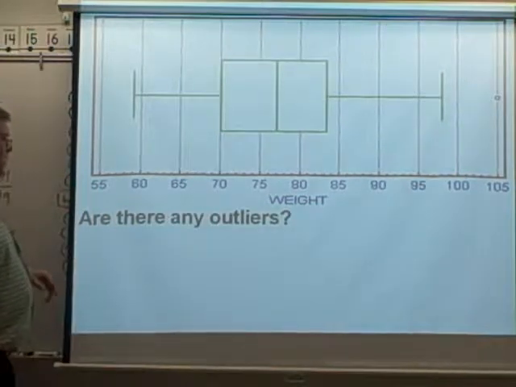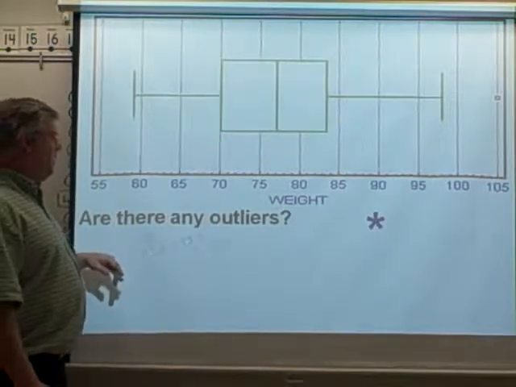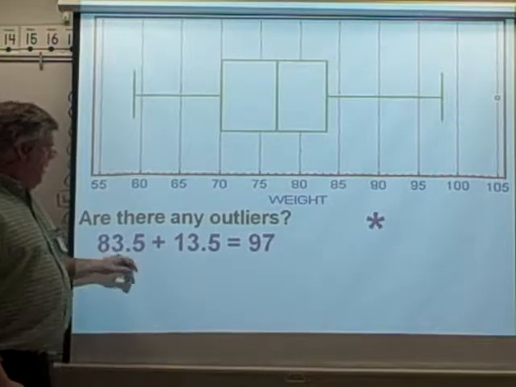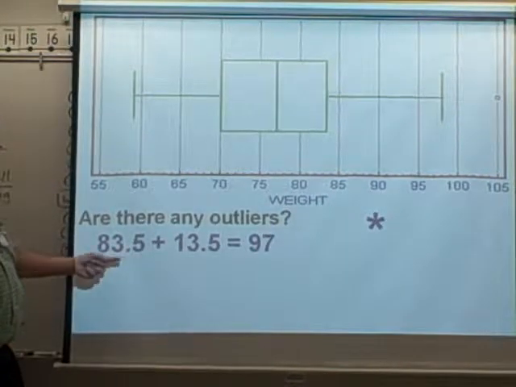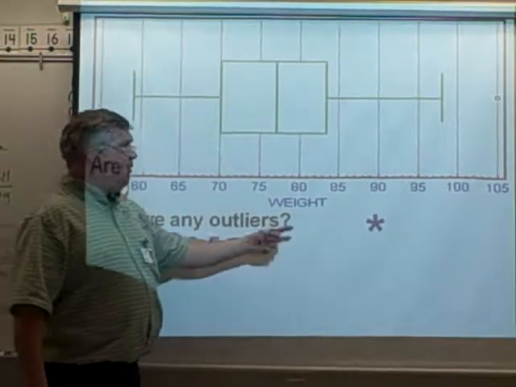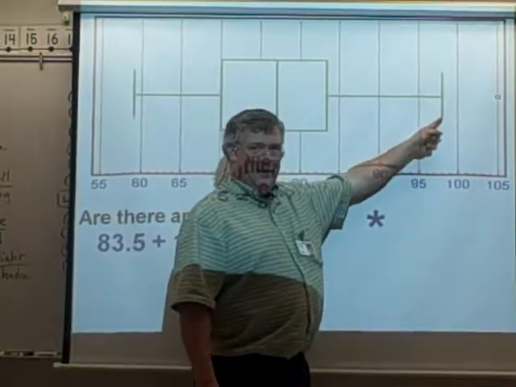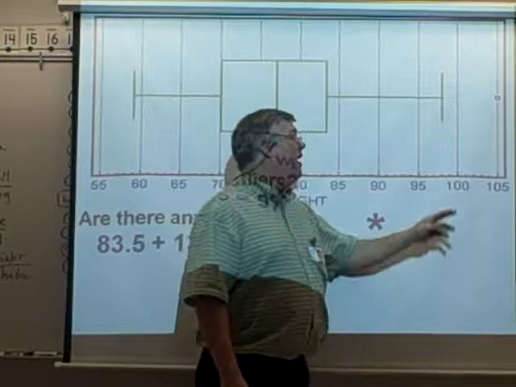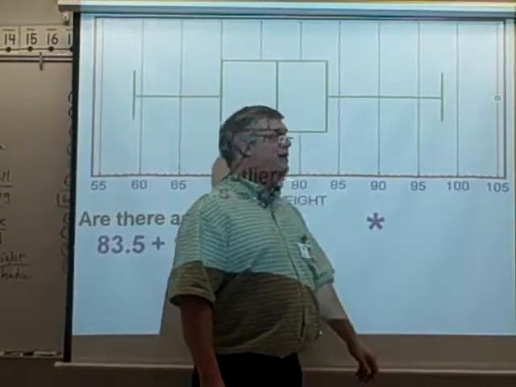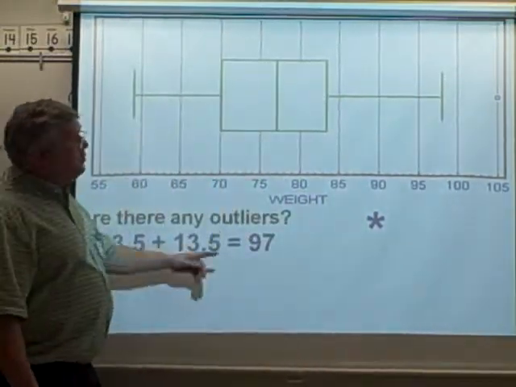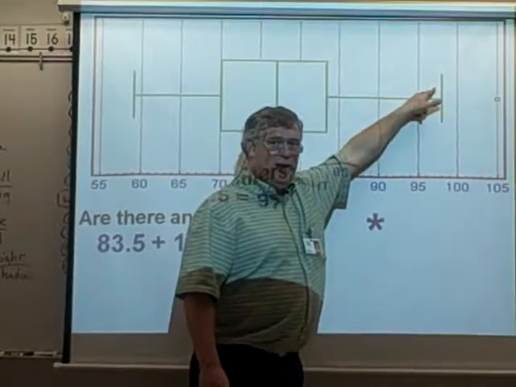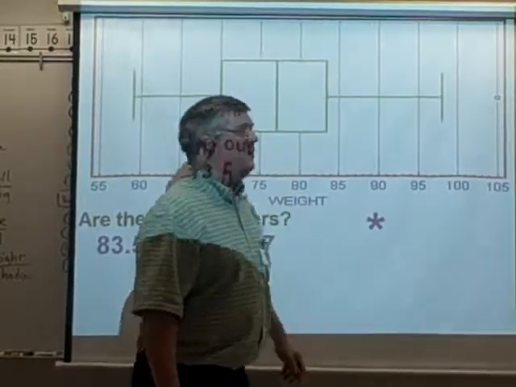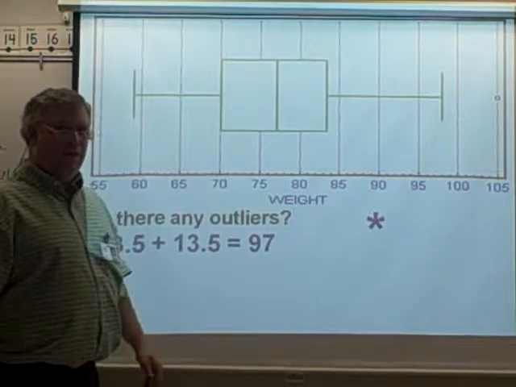Let's take a look. If we take the interquartile range and we add it to the 83.5, we get 97. We know that this is at 98. Which means there actually is an outlier, at least one outlier out here at the 98 mark there. There should be an asterisk here instead of this line, and this line should be back with the second highest number.